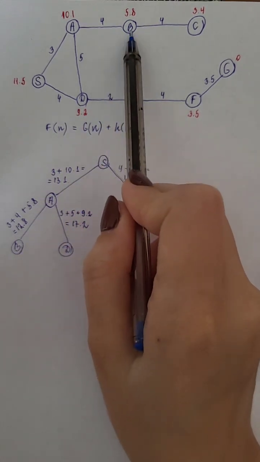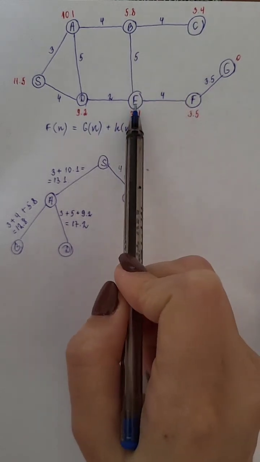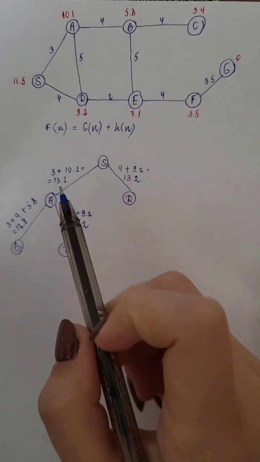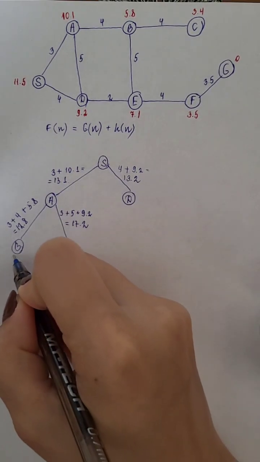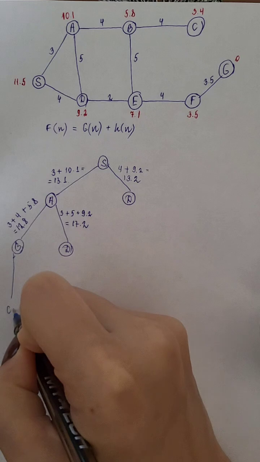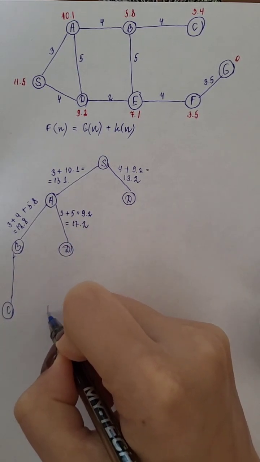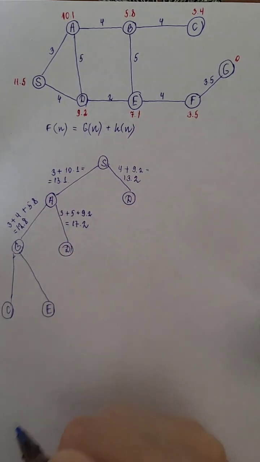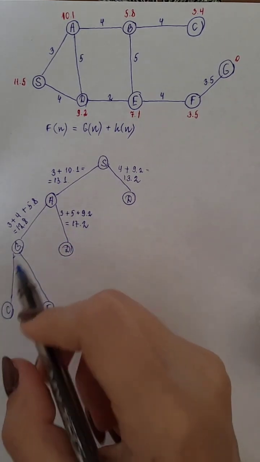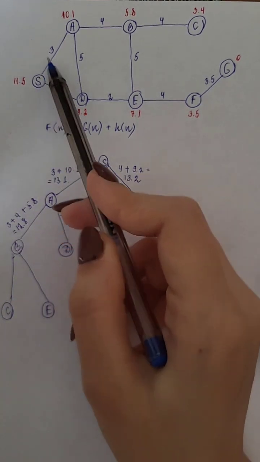And what are the neighbors of B? C and E, yes? That's why we write here C and E. Alright. And what's the distance from S to C?